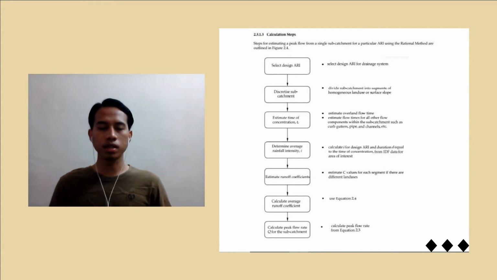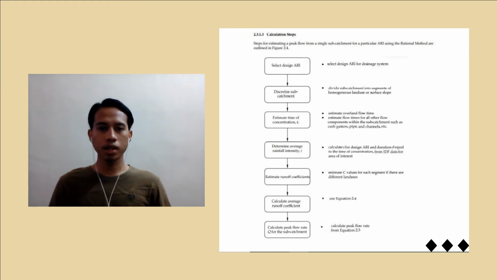The other method that we use is the rational method to calculate the peak flow, that is Q. The first step is we need to select the design ARI. The second step is we describe the sub-catchment by dividing it into segments. Step 3 is we estimate the time of concentration, that is TC, by using the overland formula.